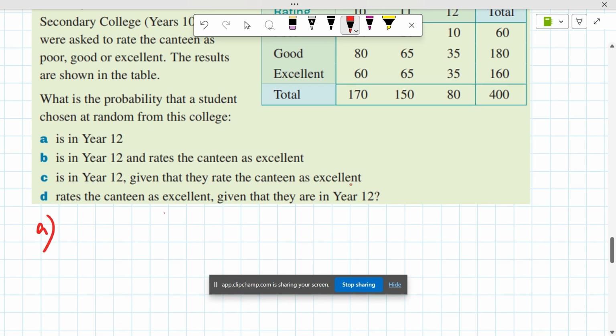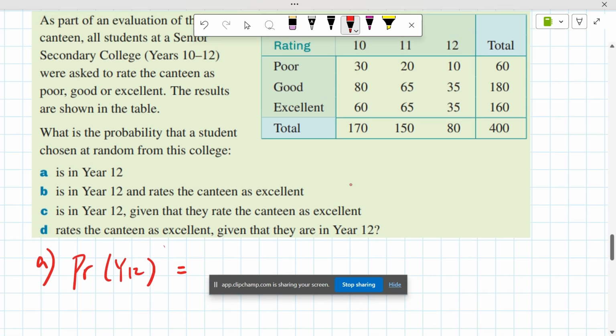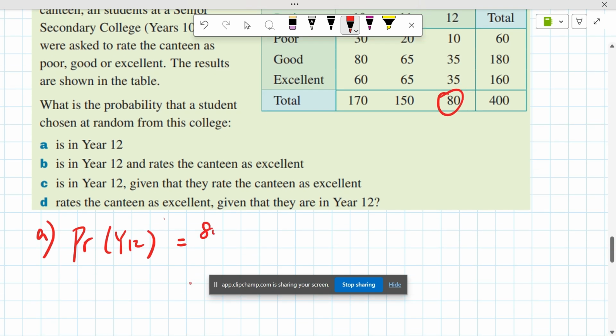Question A, the probability of year 12. That equals 80 divided by 400, which is 1/5, so 20% if you want to say.